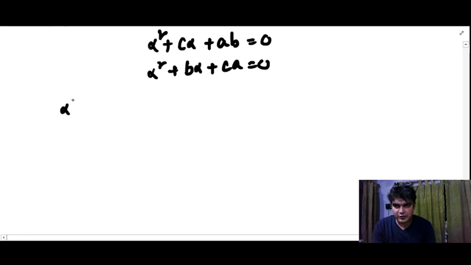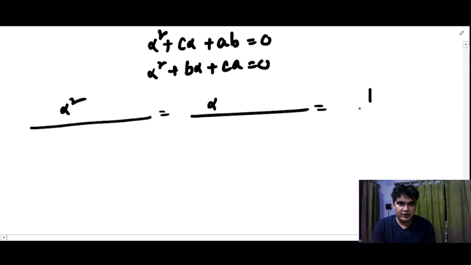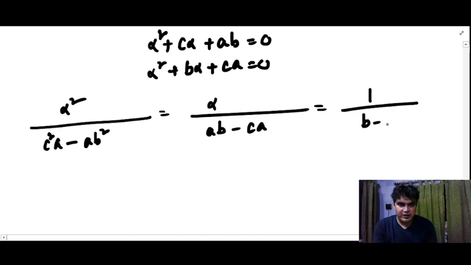So first of all, alpha square, then we have alpha, then we have the constant term. So for alpha square, what we are getting? c into ca, that means c square a, minus ab into b, that means ab square. For alpha, what we are getting? ab minus ca. For the constant term, what we are getting? b minus c.